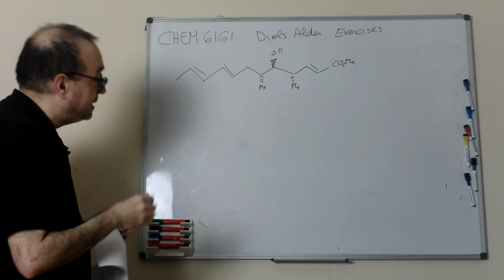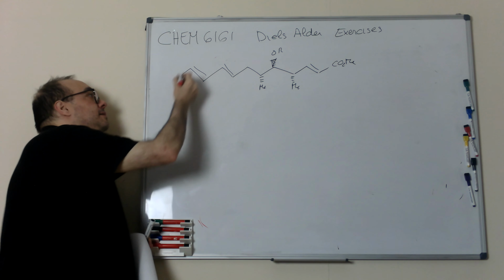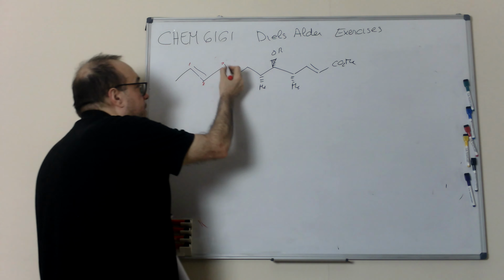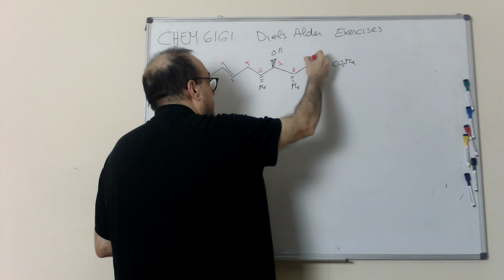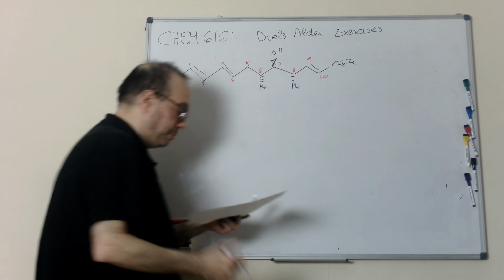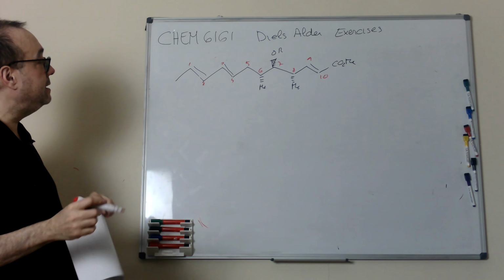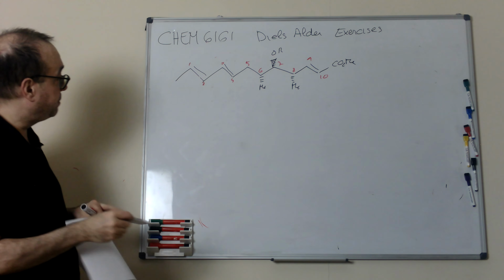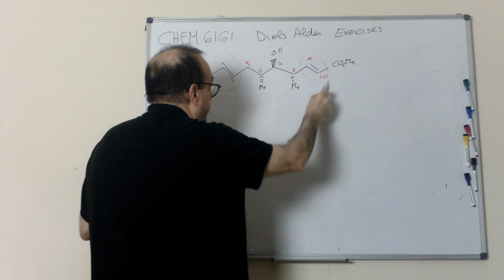The first thing that I will recommend in this type of exercise is to numerate. It's easy. 1, 2, 3, 4, 5, 6, 7, 8, 9, 10. This will help you in order to draw a structure. And then the Diels-Alder will take place between this diene and this alkene.